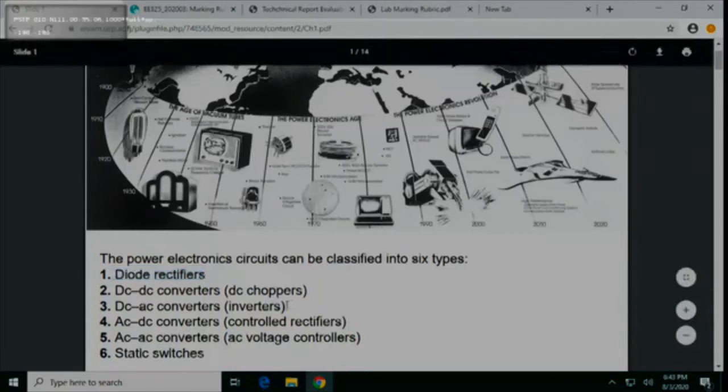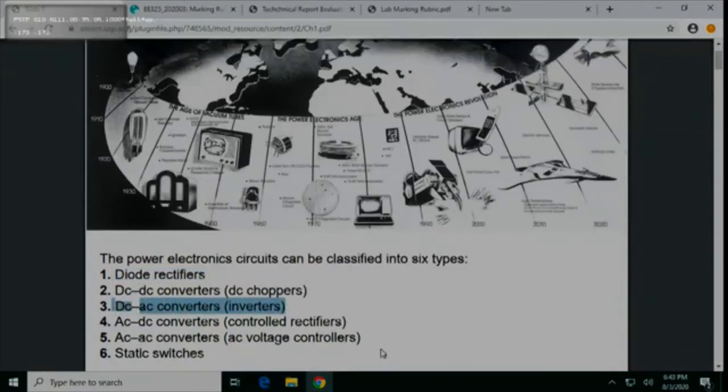DC-AC converters, inverters, are normally used for PV array systems. You have your DC coming from your PV array, 200 volts DC, through an inverter, to your home at 240 volts AC.